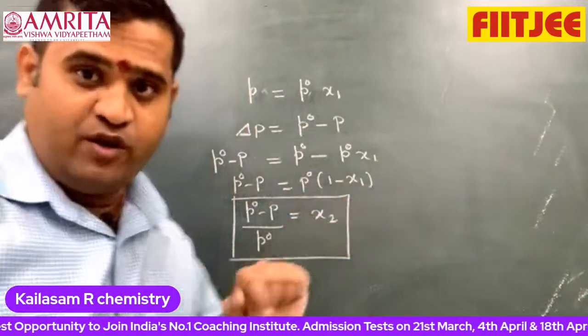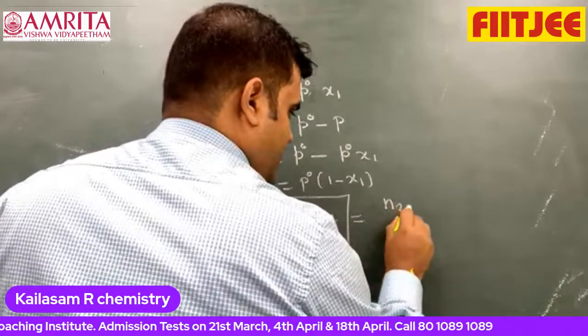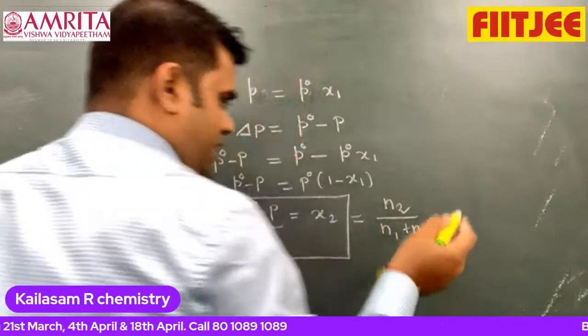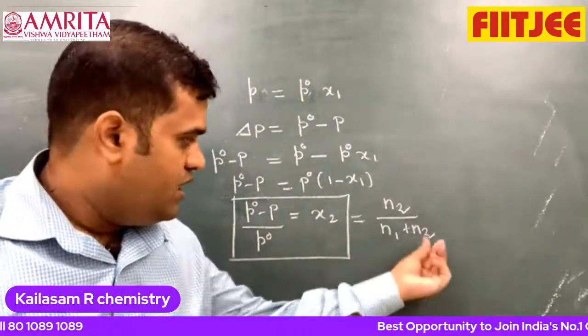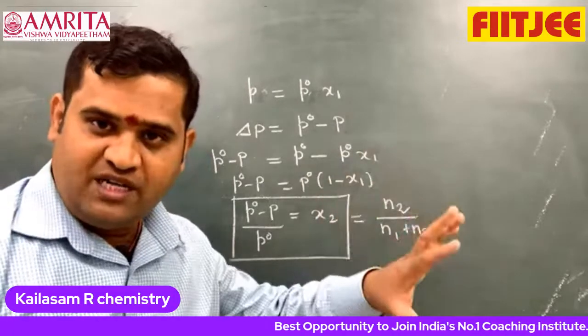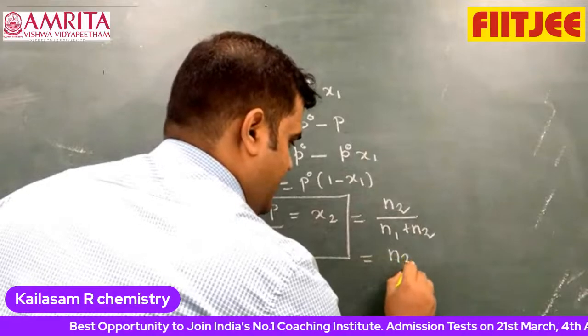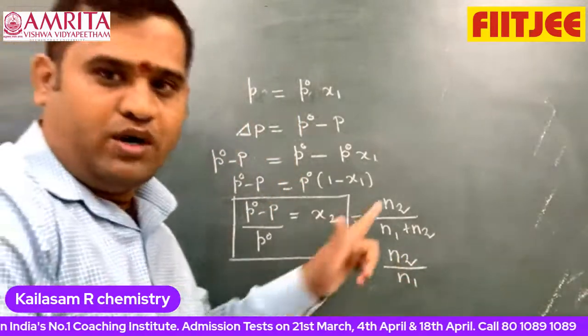This can be simplified. What is mole fraction? Write it as N2 by N1 plus N2. Here the solution is dilute, therefore N2 will be very, very small and we can neglect it. Therefore, we can write it as N2 by N1.